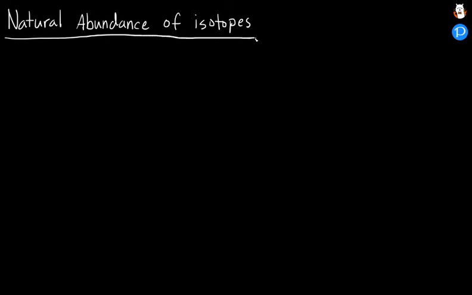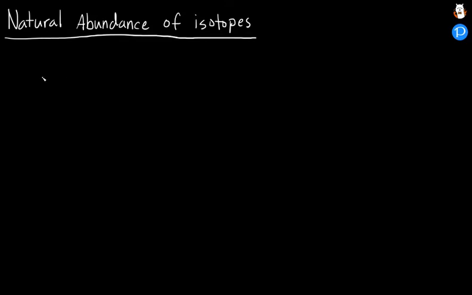Well, natural meaning what we would find in nature. And then the abundance meaning how much of it, how abundant is it. So when I say the natural abundance of isotopes, we're looking at the different isotopes of an element and seeing how much of each we find in nature, essentially.